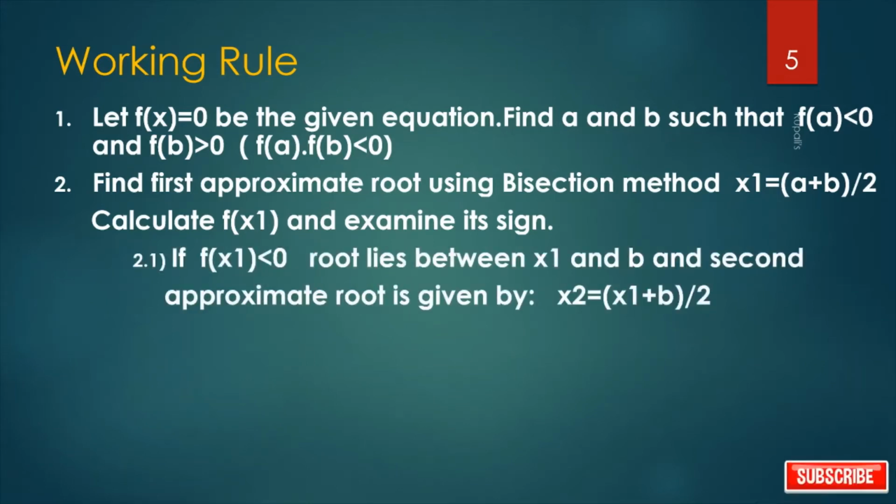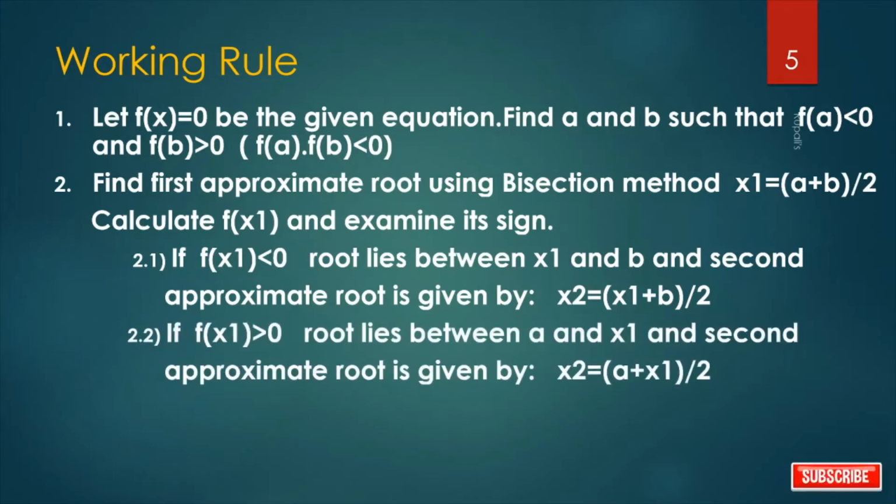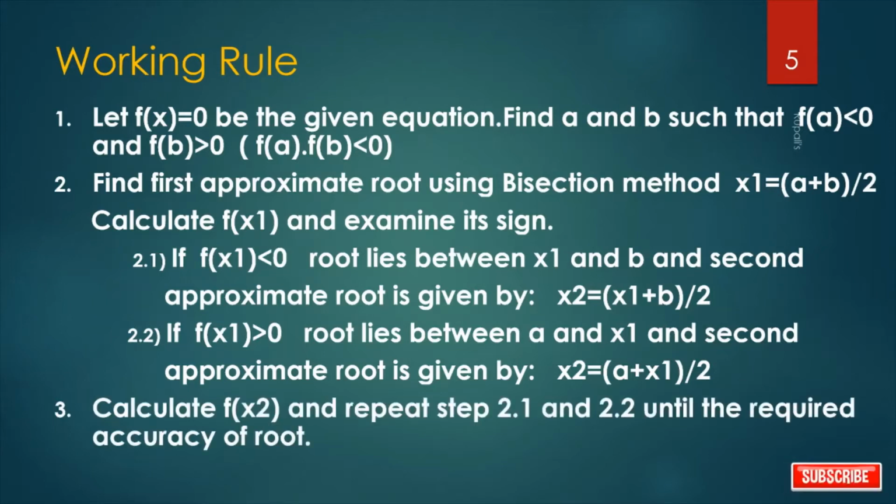If f(x1) < 0, the root lies between x1 and b and the second approximate root is given by x2 = (x1 + b)/2. But if f(x1) > 0, then the root lies between a and x1 and the second approximate root is given by x2 = (a + x1)/2. Finally, calculate f(x2) and repeat steps 2.1 and 2.2 until the required accuracy of the root is reached.